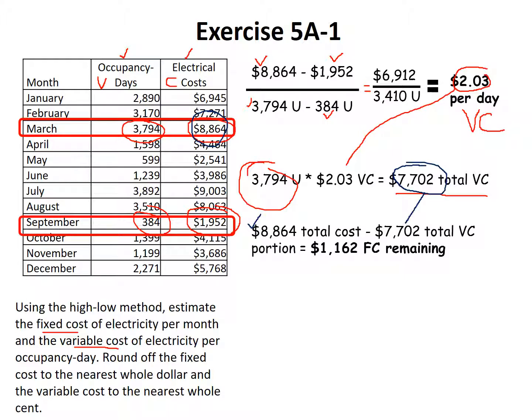So if I take $8,864 and subtract out the variable cost portion, I have $1,162 of fixed cost remaining.